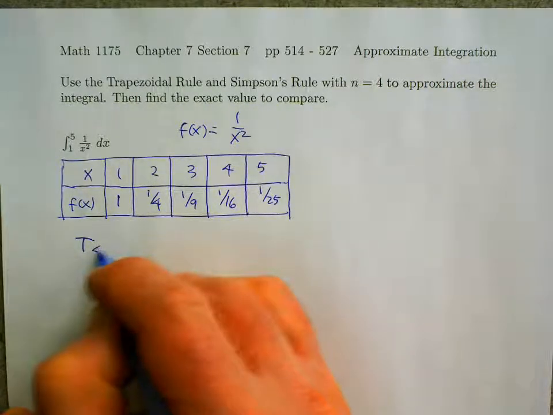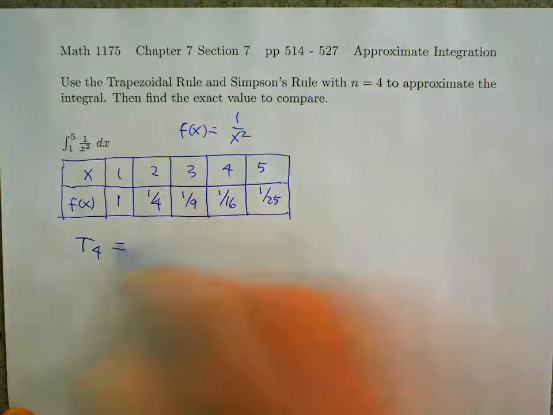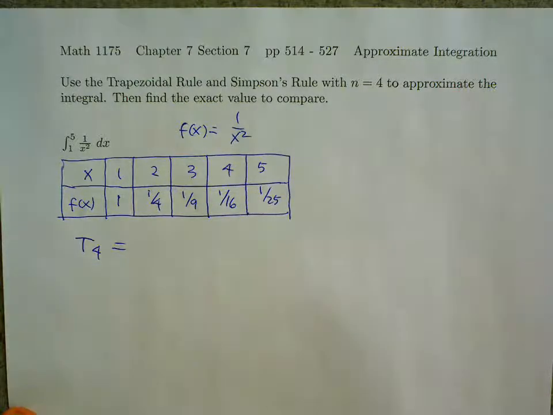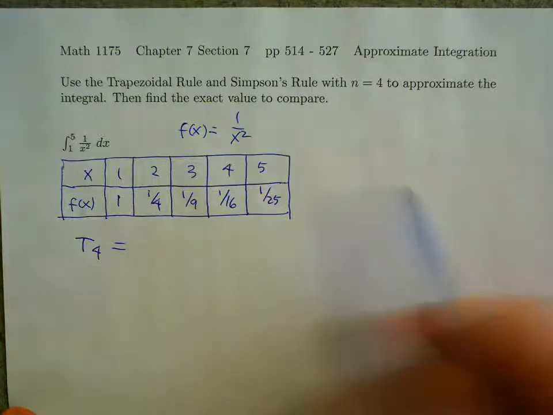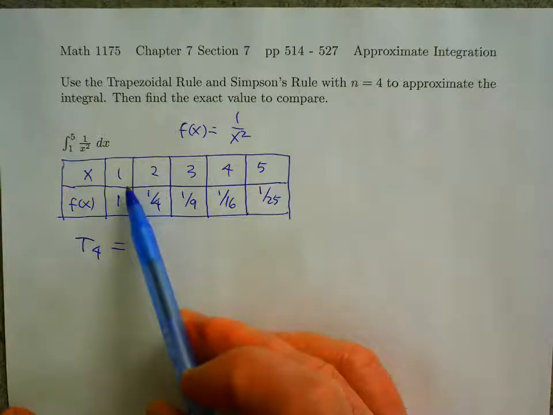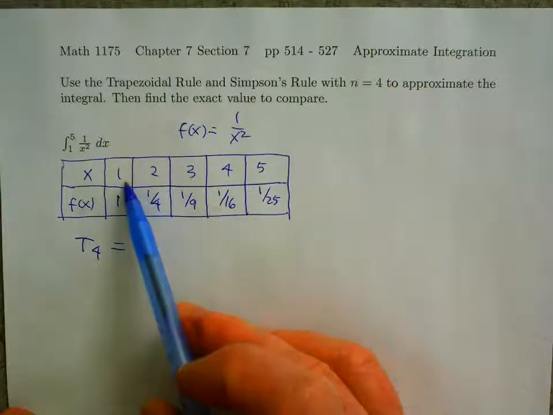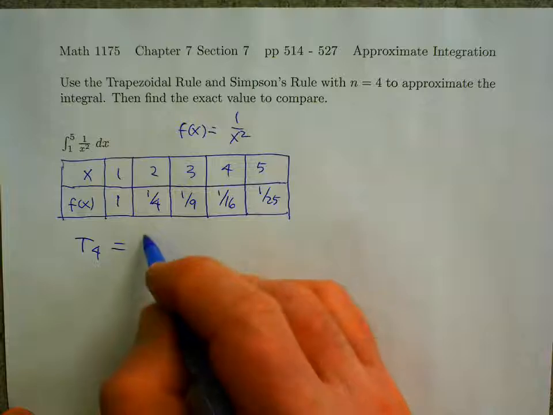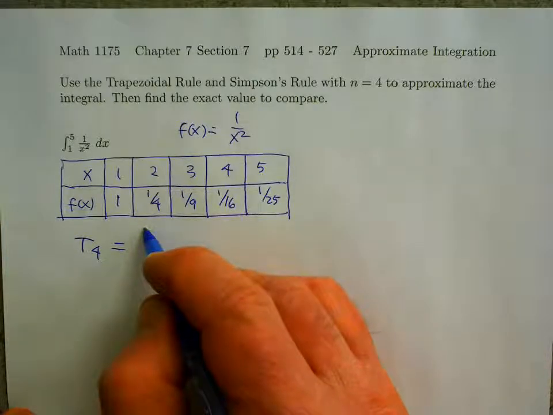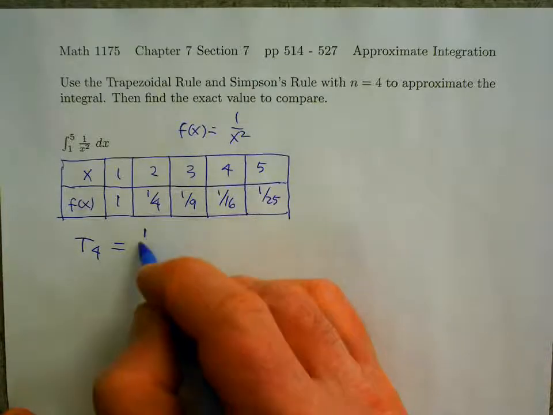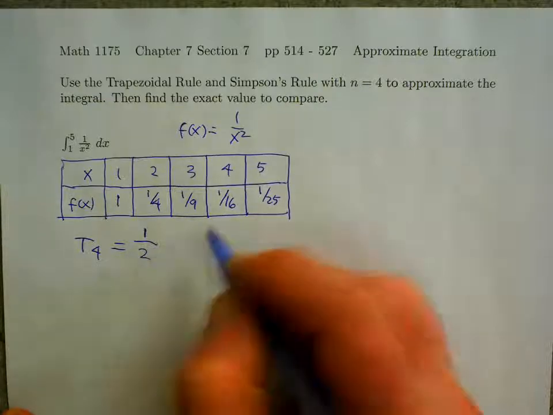T sub 4, the trapezoidal rule for n equals 4. Delta x is 1. So in the trapezoidal rule, it's delta x divided by 2.